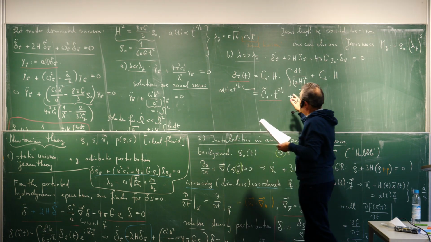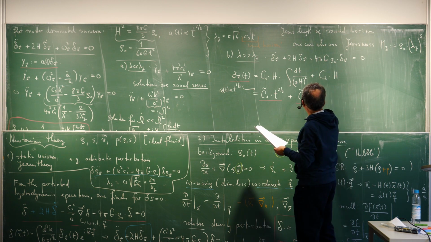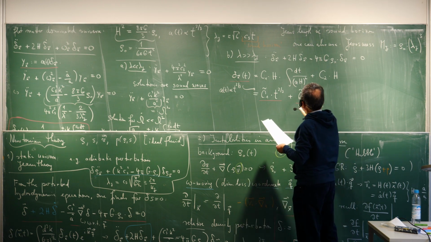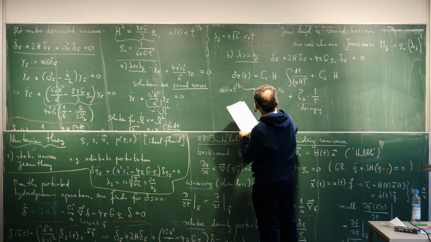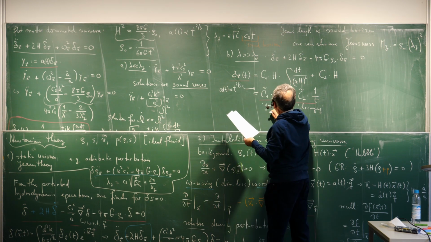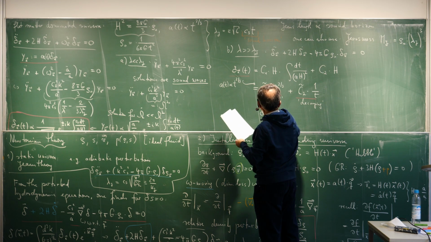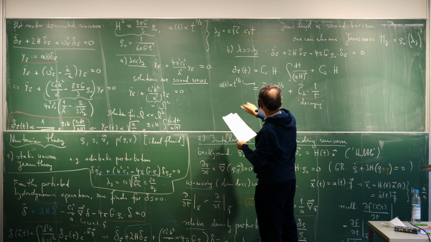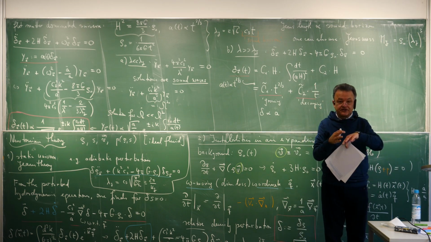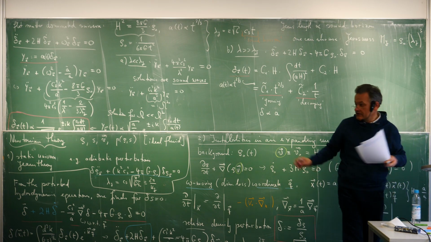And you see we have two contributions. One is a decaying solution with 1 over t, and one is an expanding or growing solution. And you see here that if the decaying one is negligible, delta then grows with A. So the density perturbations themselves grow with the scale factor, and the same power.